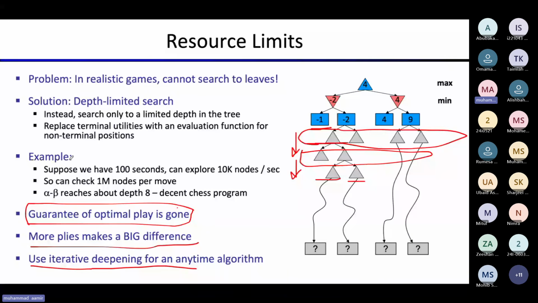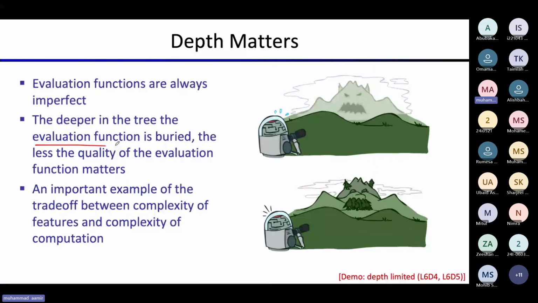If using iterative deepening or any DFS algorithm we are going down, then there is no benefit of using the estimated utility functions, because actually we are going very near towards the terminal states. What's the benefit of using the estimated function? So you should actually use the terminal functions rather than the evaluation or estimated function in this case.